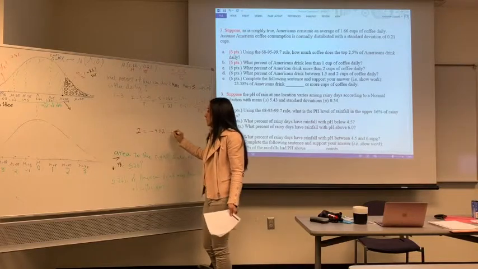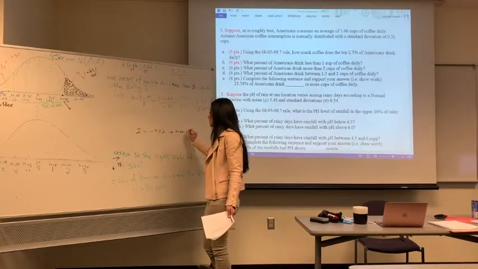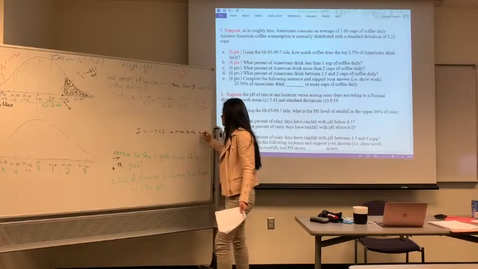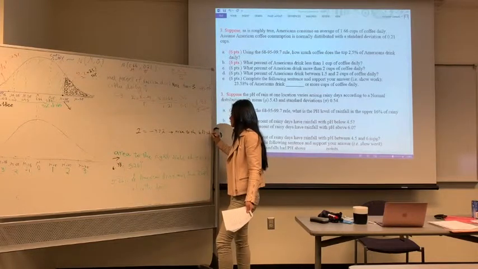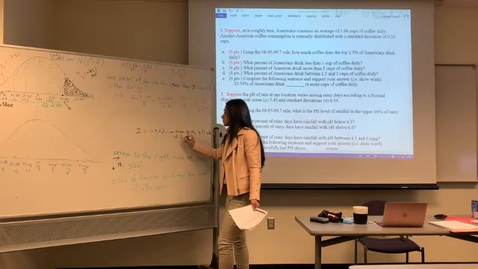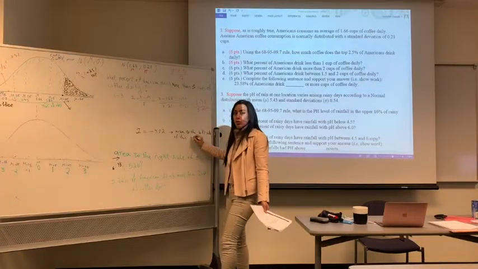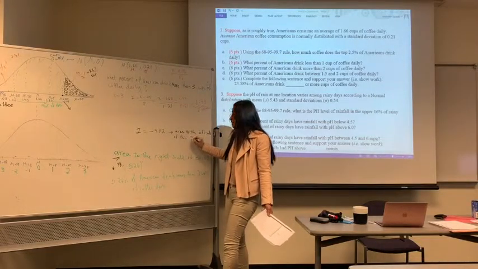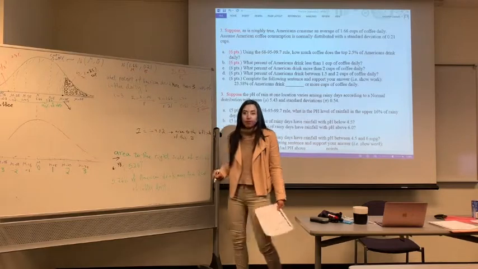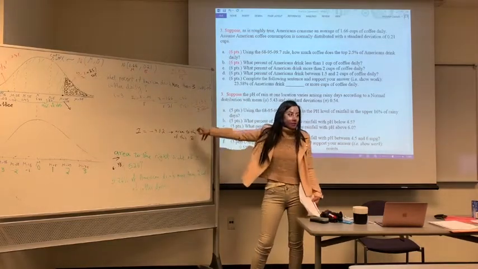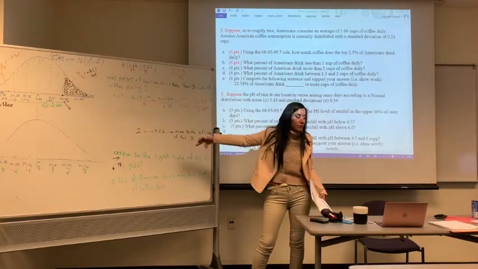What is the area to the left side of this? What is that? Tell me. I know you understood. What is the area to the left side of such a z which is so small and we don't have in a table?